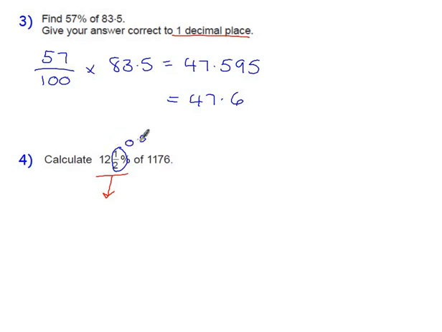So 12.5% would be 12.5 over 100 times 1176. And entering that into your calculator, you get the answer of 147.